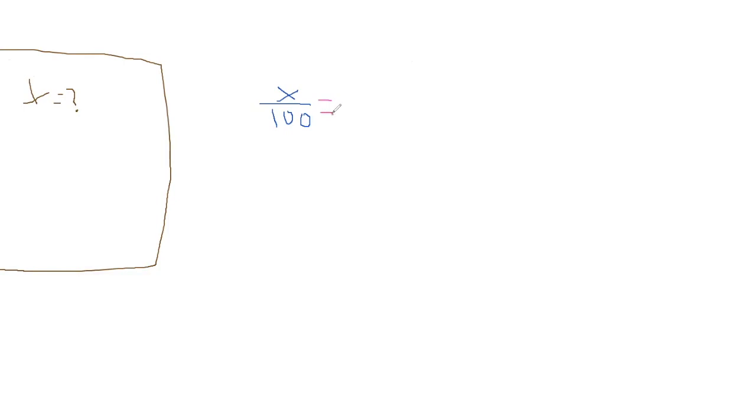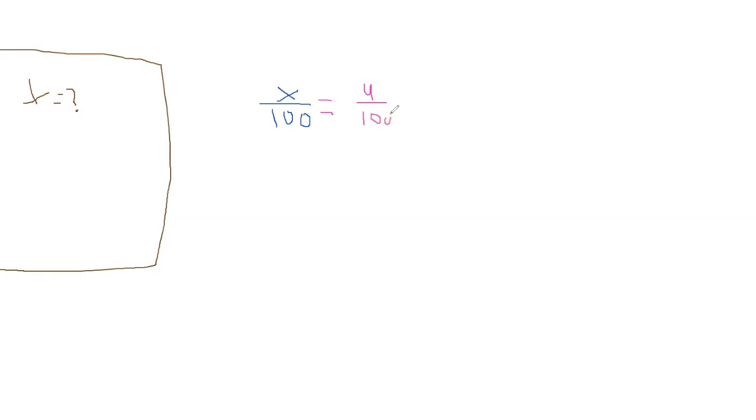So what is the percent? 4%. Good job. Now, what did I say was the whole number? What's always the biggest number? 100. Good job. So we're going to put 100 here.